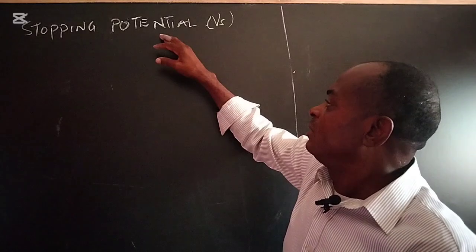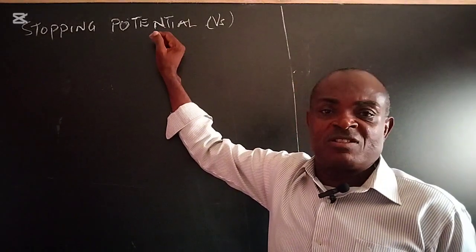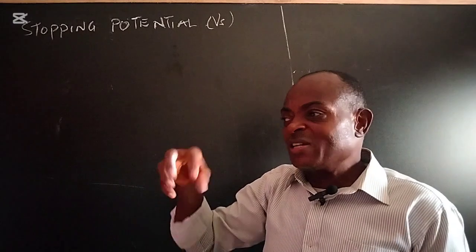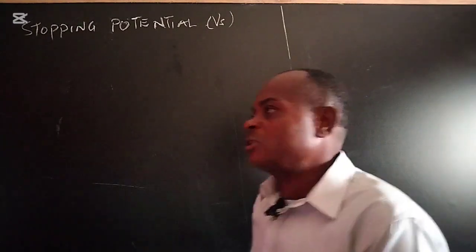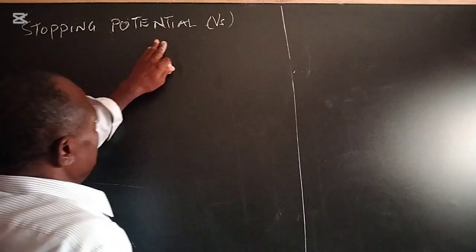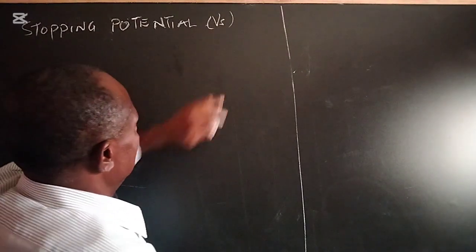It's actually electrical work done on a moving charge in our attempts to transfer the charge from one point to the other. So stopping potential is the work done against the charge when it is moved from one point to the other.